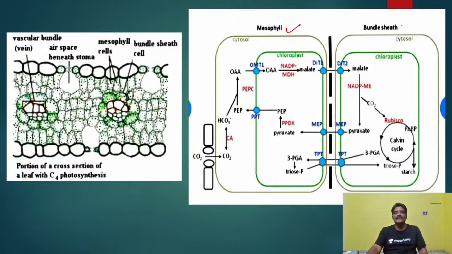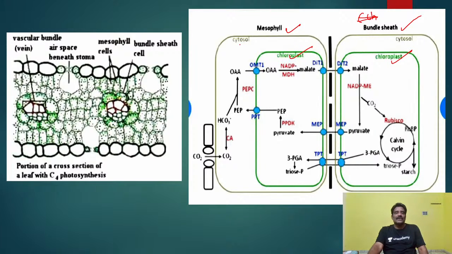Two kinds of cells are involved in the C4 pathway. In both cases, chloroplasts are present. This is a chloroplast, here also, and here also. Chloroplasts are present in mesophyll cells and also in bundle sheath cells.